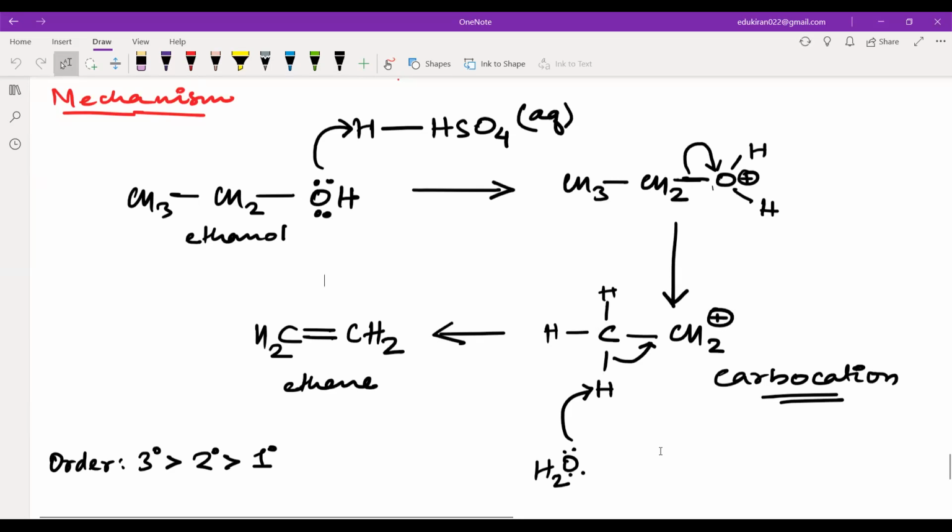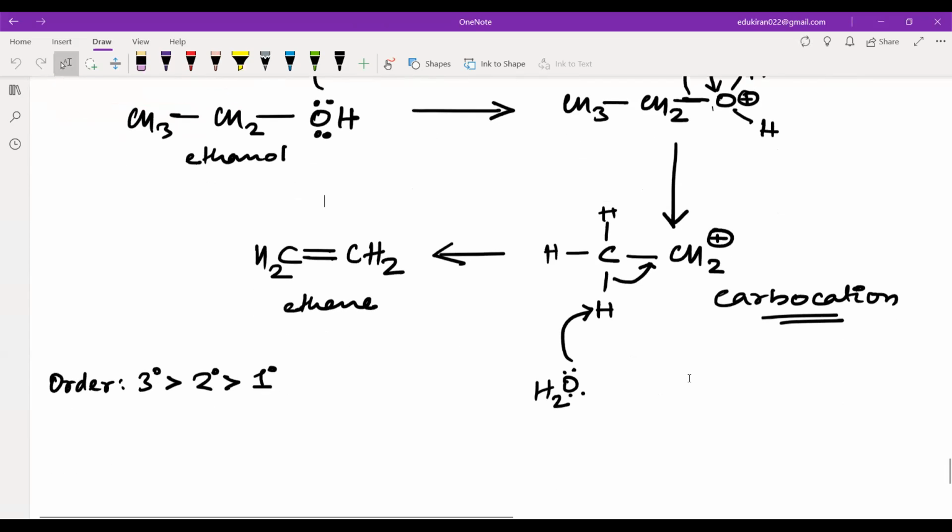So write this down. Let me just summarize this a bit, and then we can do a bit of physical properties. After that, we can do the Viva. Done, guys? Mechanism? No, sir. No or yes?